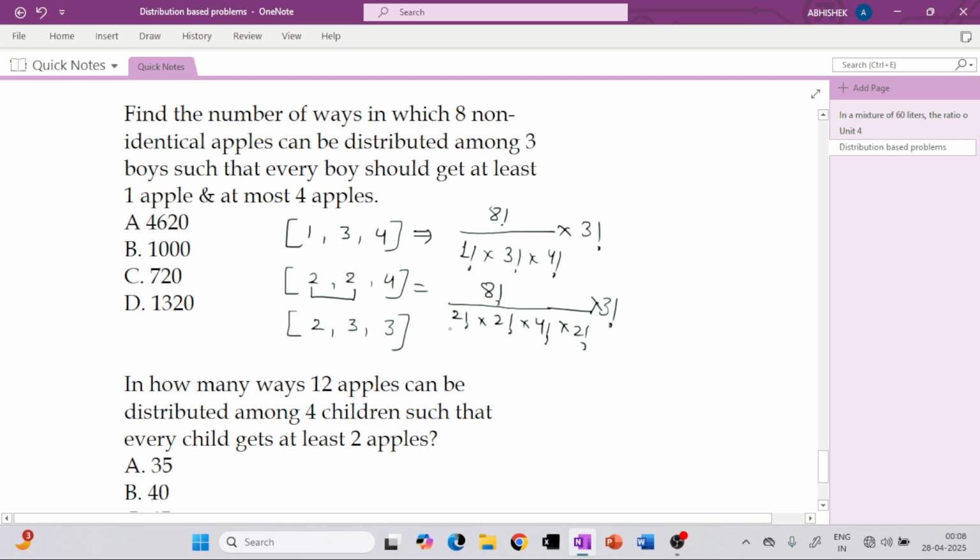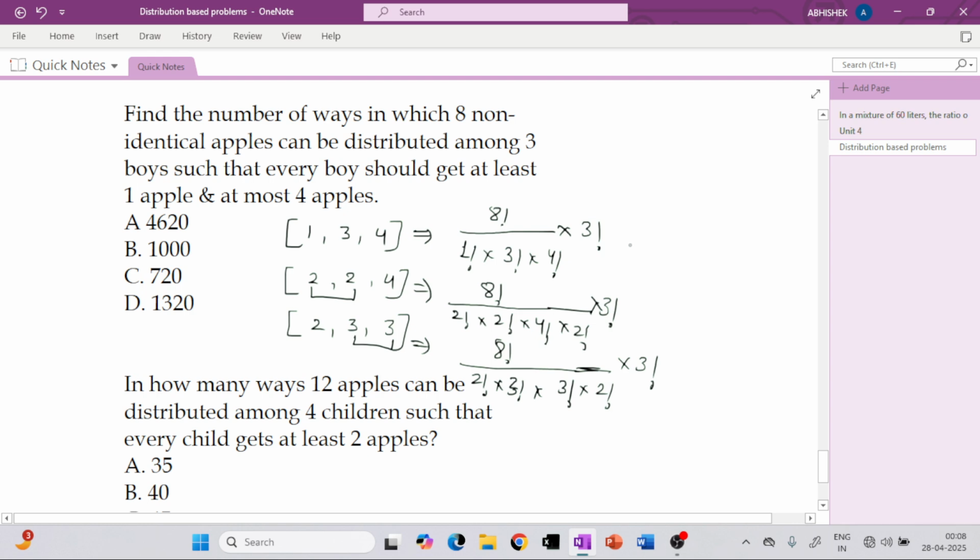Similarly for the last one, 8 factorial divided by 2 factorial into 3 factorial into 3 factorial. But again we can see these two things will look the same, so we have to remove the arrangements of these things, and into 3 factorial.